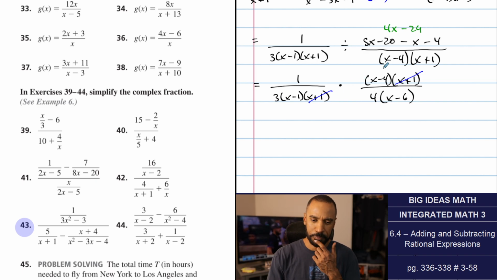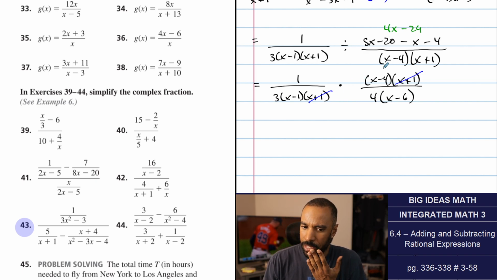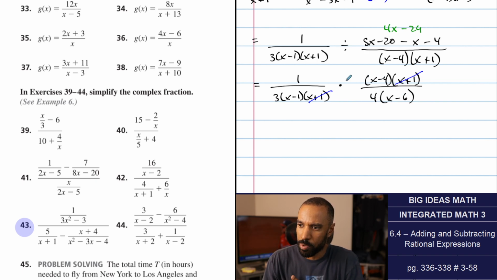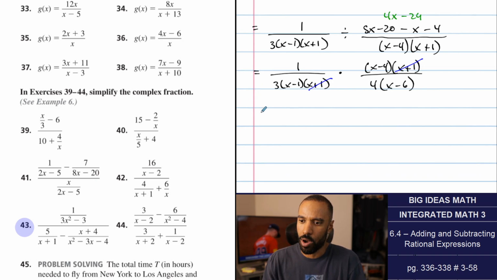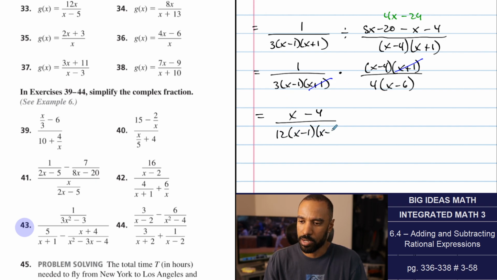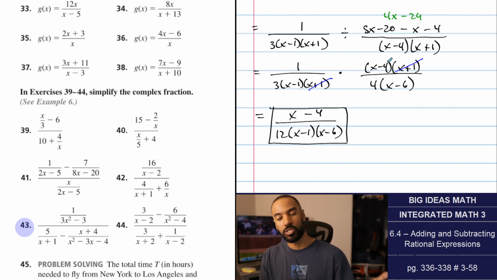Boom, boom, like that. And that's all I can see there. So x minus 4, x minus 3 times 4 is 12, though. We're going to have to combine those. So on top, I just have 1 times x minus 4, which is x minus 4. And on bottom, I have 12 times x minus 1 times x minus 6. I think that's it. So from those stages, that's what we got.